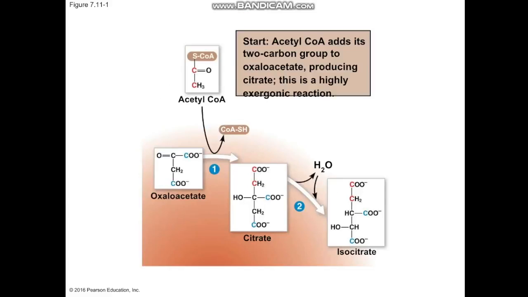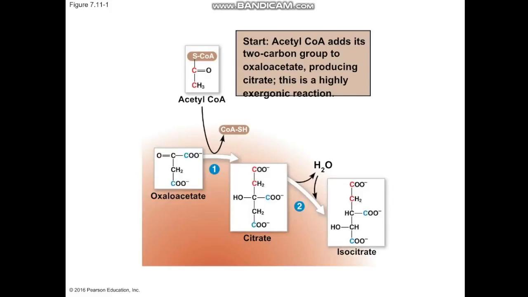Cool. So this is the start. When acetyl coenzyme A adds to the oxaloacetate, which produces citrate, that's an exergonic reaction. And from step 1 through step 5, you'll see these red carbons and these blue carbons.